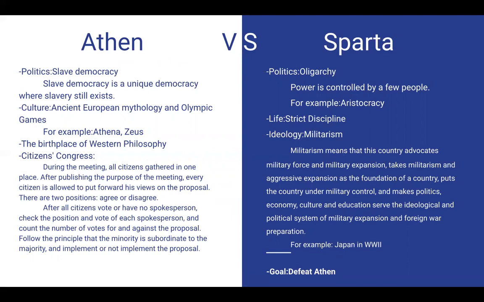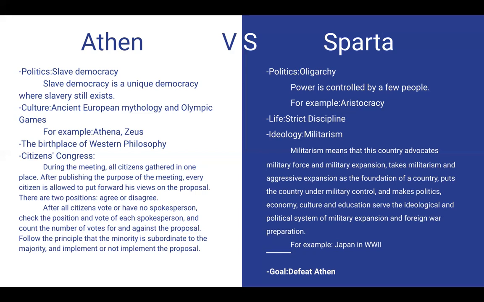Its ideology is militarism. Militarism means that this country advocates military force and military expansion. It takes militarism and aggressive expansion as the foundation of a country, puts the country under military control, and makes politics, economy, culture, and education serve the ideological and political system of military expansion and foreign war preparation.